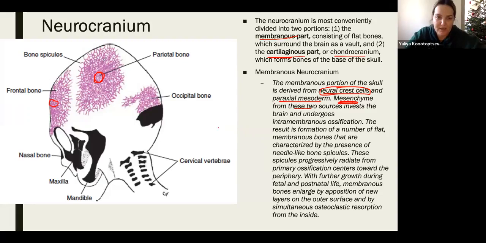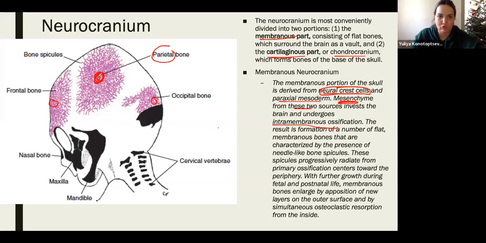So for example, if I have a mesenchymal center in this region, you will call this the parietal mesenchymal region, right? So if it is here, occipital, which is there, frontal, it doesn't really have a specific name, just mesenchymal centers.